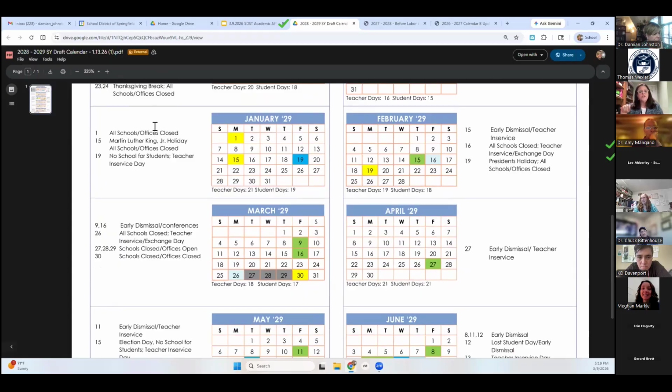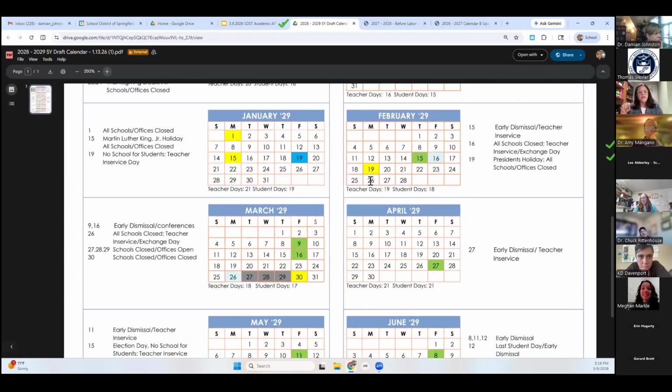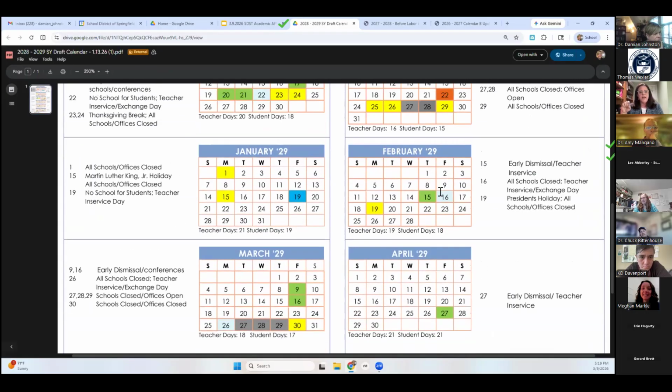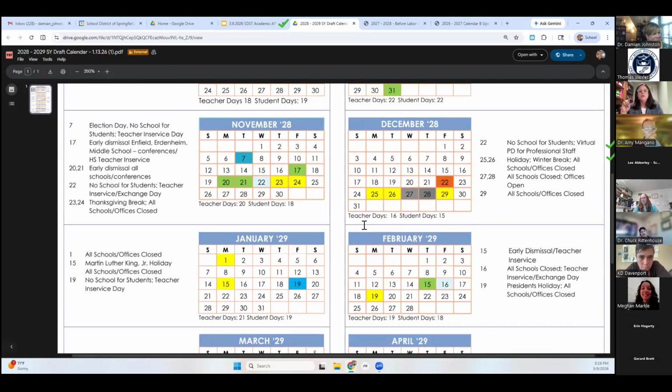And several years ago, we also added a travel day on December 23rd, and that has gotten some very good feedback. And so this year coming up, this 28, 29, we have it on the 22nd. But many families do go away over that long winter break. And so we've gotten some really positive feedback on providing that opportunity, not only for families, but also for staff.